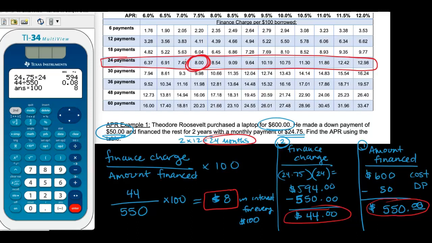A lot of times it's not. So you just want to find the closest number to the number that you get after you work out the formula. But $8 is in the row. So we find $8 and then all you have to do is look up. You can see if we look up, 7.5% is going to be our APR. So our final answer here is 7.5%. And that's the APR on this loan.